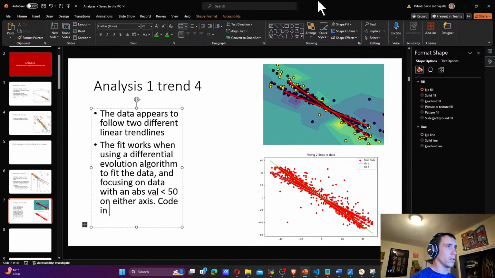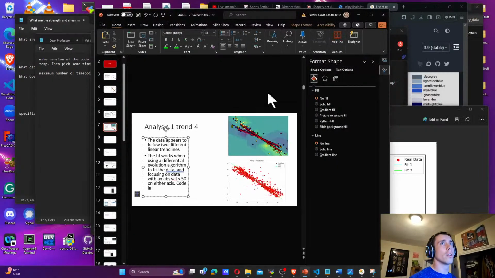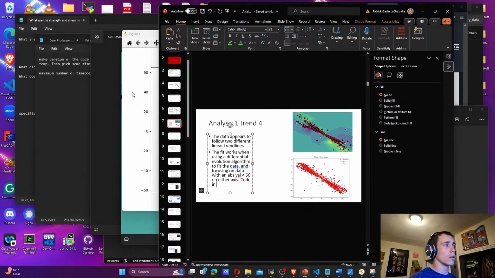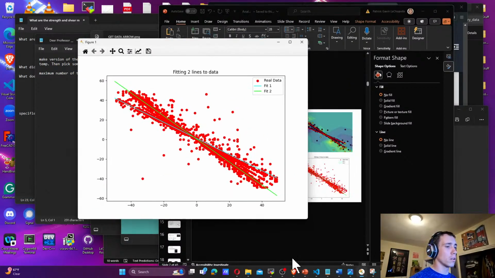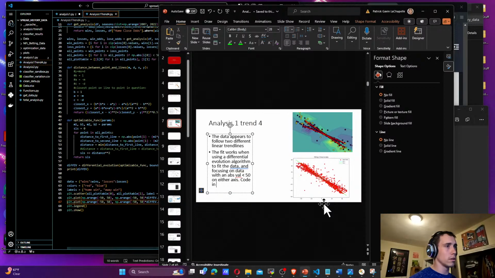Code in, what's that code file called? Where is it? Code in analysis 1 trend 4.py.